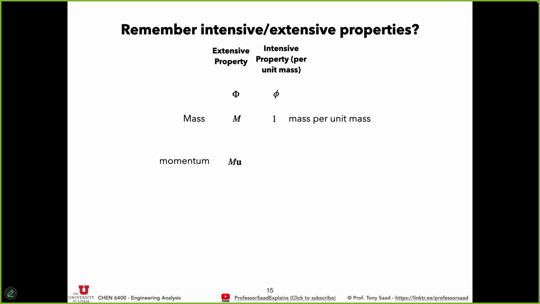The intensive version of that is momentum per unit mass, so that will be the velocity u. So u is momentum per unit mass. Energy is mass times total energy, and then mass times total energy per unit mass is simply the specific total internal energy. Okay, total internal energy per unit mass.